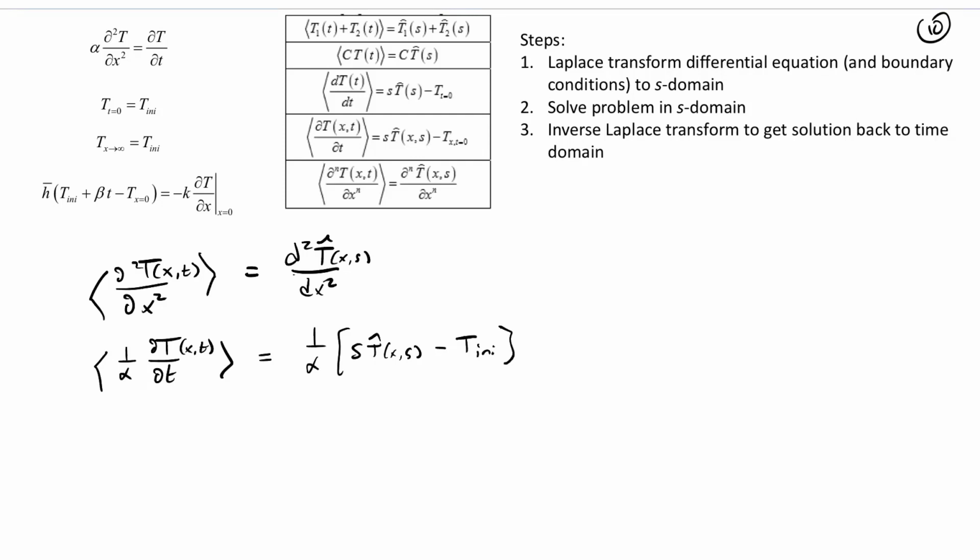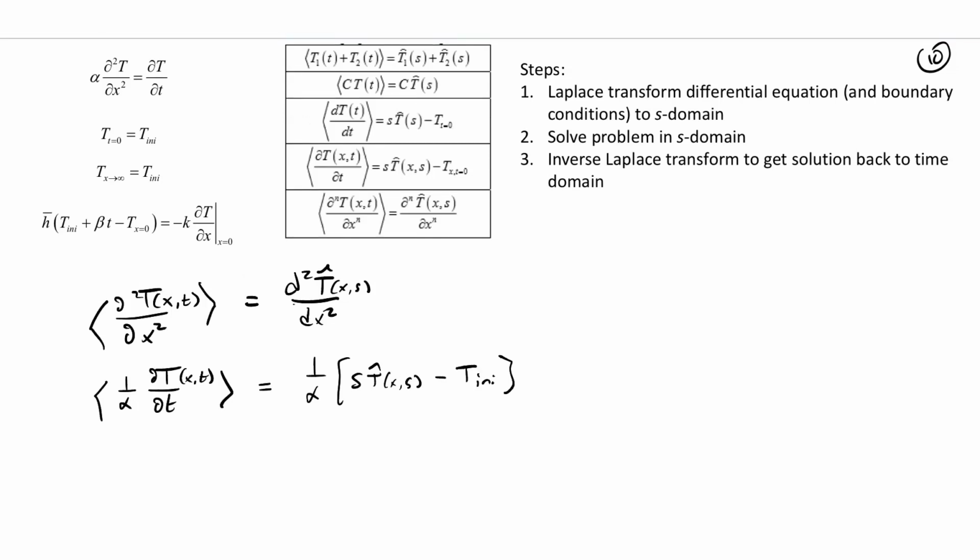Right? Okay, and then the last thing here is, let's see, what is this? Looks like the exact same. Yeah, okay. So I think we're set there. So we have the Laplace of the PDE, right? So moving on.